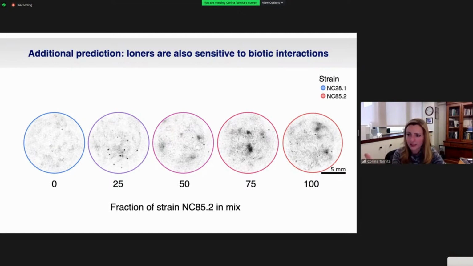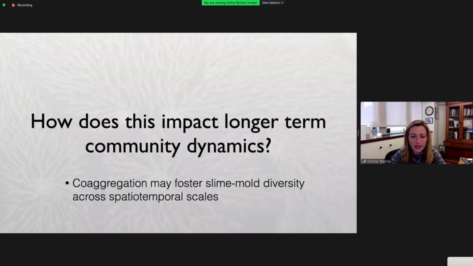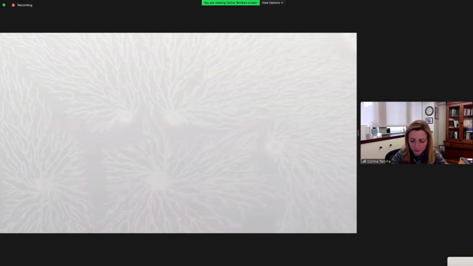We made mixes of different initial frequencies of the strains, and we could see that the loners were impacted by who was present, and not in a linear combination kind of fashion. And that has all sorts of ecological impacts for the diversity.